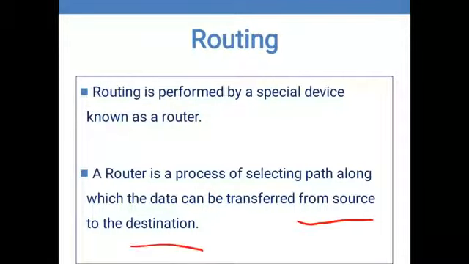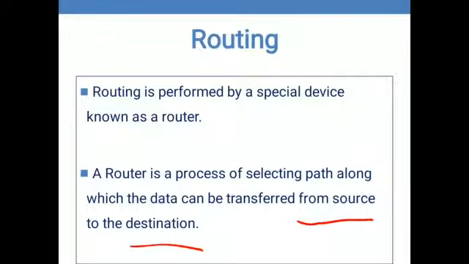Whenever there is data transmission from source to destination, sometimes there may be a direct link between the source and destination. Sometimes in a subnet we have n number of devices, and the source device is located in one place and the destination device in another.